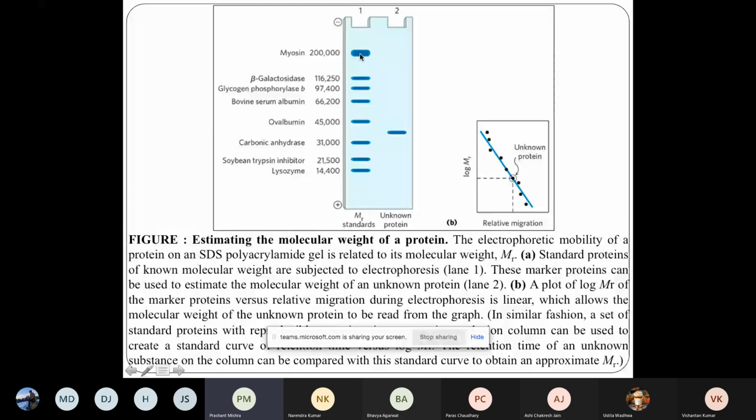For this unknown protein, the relative migration is up to here from the spot where you have done the spotting. So you can plot log of molecular weight versus relative migration for the standards. Then the unknown protein will come somewhere based on its relative migration, and you can find out the log of molecular weight of that protein.